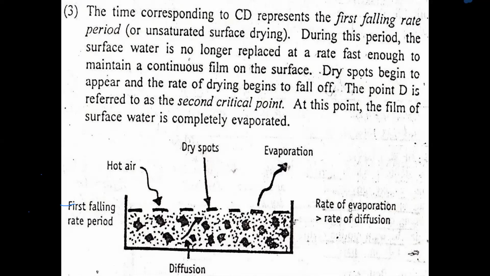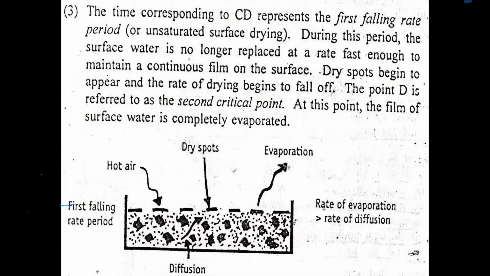So the rate of evaporation is more than the rate of diffusion. म्हणजे रेट ऑफ इव्हॅपोरेशन जास्त आहे आणि रेट ऑफ डिफ्युजन कमी आहे, तर कसं ड्राय होईल, होणार नाही, बरोबर. सो दॅट इज कॉल्ड एज अ फर्स्ट फॉलिंग रेट पिरियड. रेट ऑफ इव्हॅपोरेशन इज मोर दॅन रेट ऑफ डिफ्युजन. कम्प्लिटली सरफेस ऑफ वॉटरला इव्हॅपोरेट होत आहे, पण इनसाइड जे मॉइश्चर आहे ते कम्प्लीट बाहेर येत नाही.